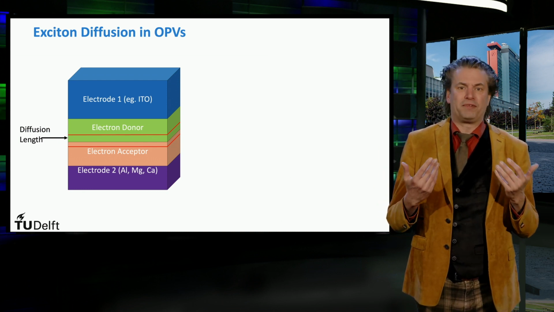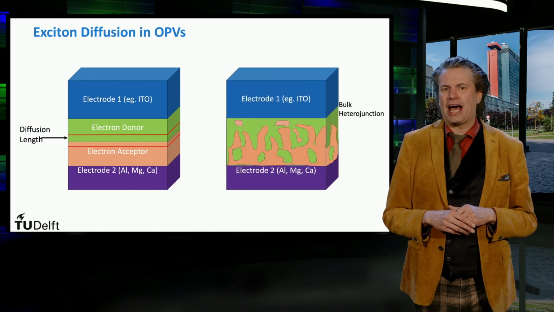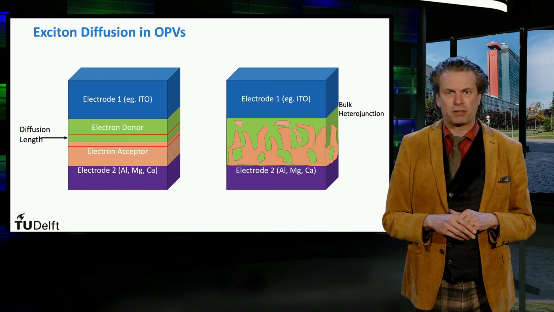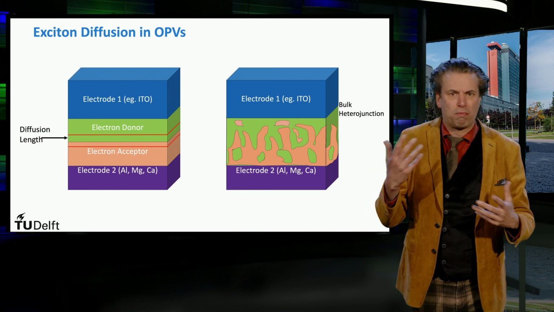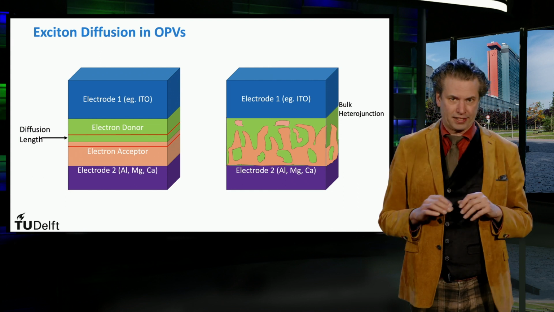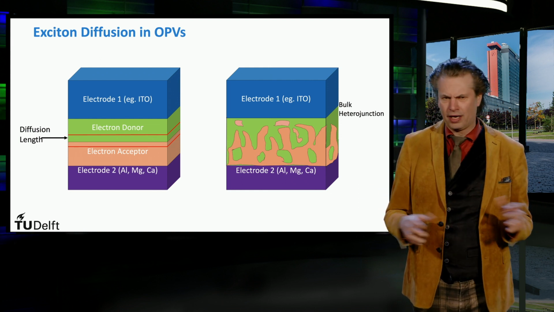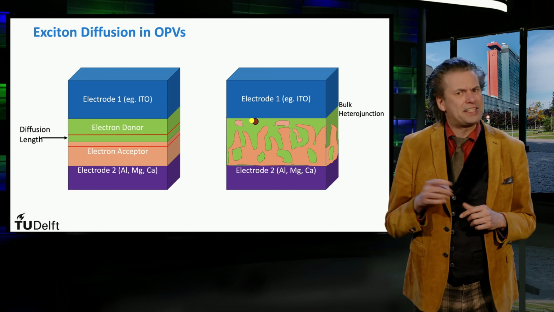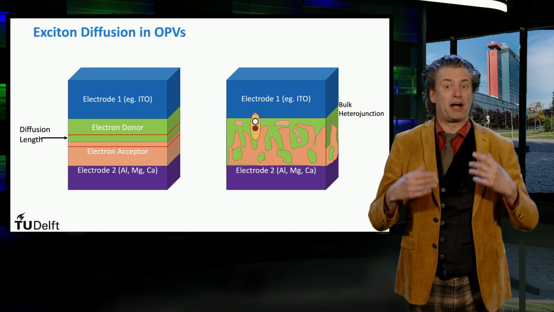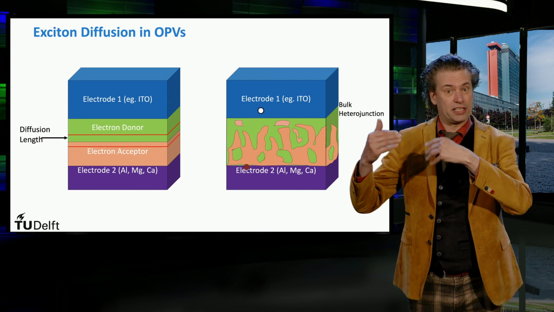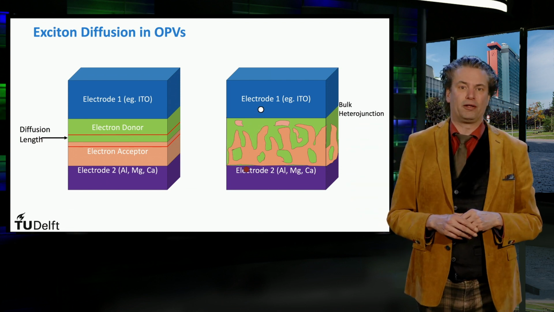To overcome this barrier, a bulk heterojunction solar cell is used where the electron donor and acceptor material form a sort of blend instead of two distinct, well-defined layers as before. This reduces the path length of an exciton in meeting a donor-acceptor interface, thereby reducing the probability of recombination and increasing the quantum yield of the solar cell.